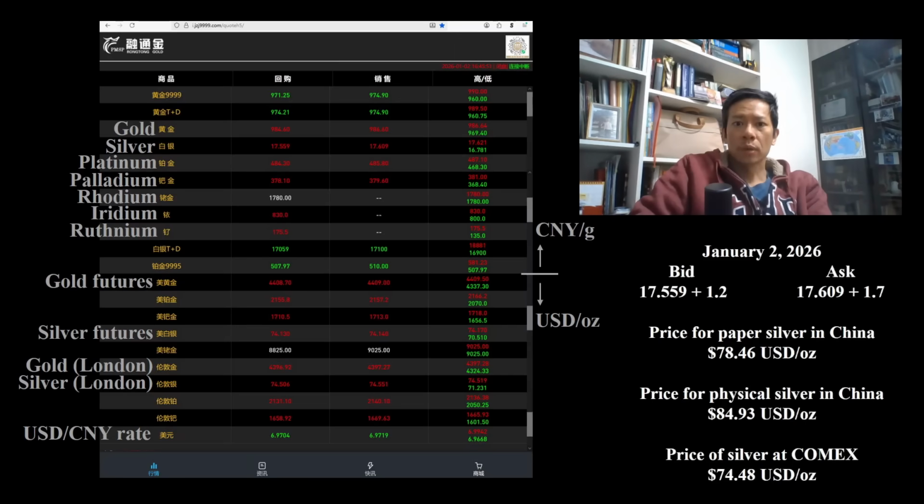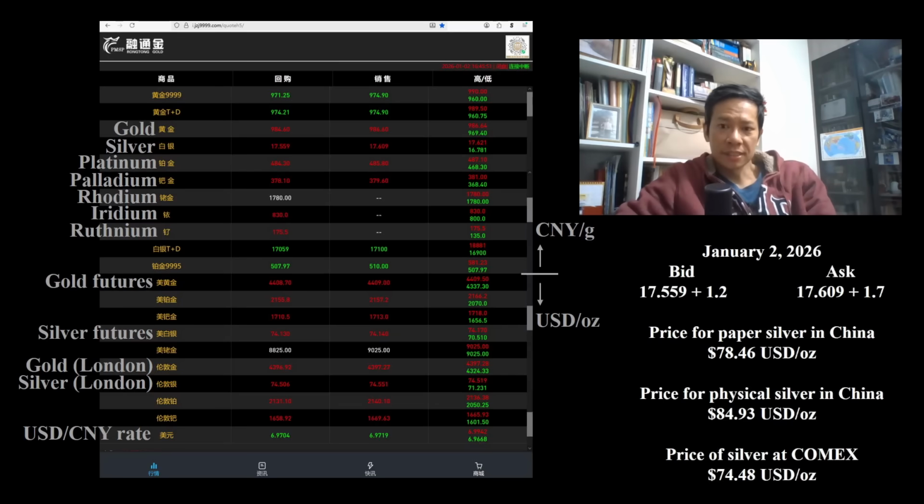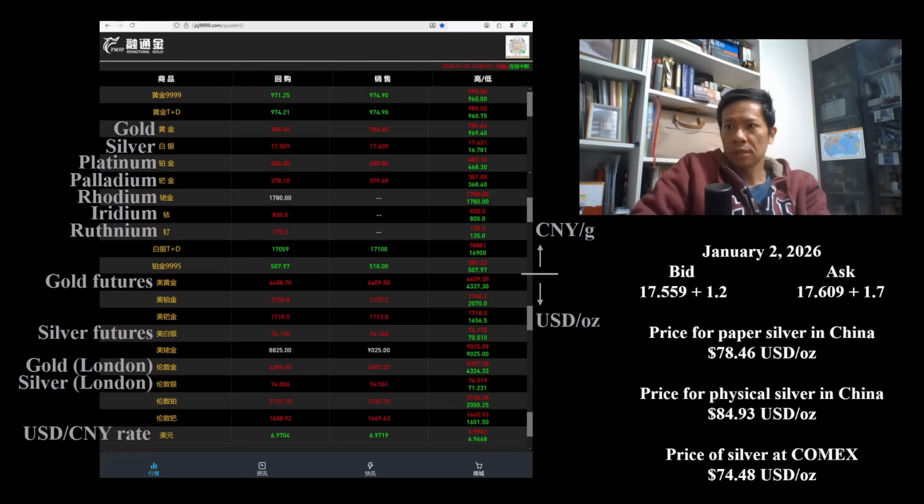We're now going to look at the price of paper silver in Shanghai. The bidding price is 17.559, and the asking price is 17.609. We multiply this by 31.1 because 1 troy ounce has 31.1 grams, and then we divide it by today's exchange rate.